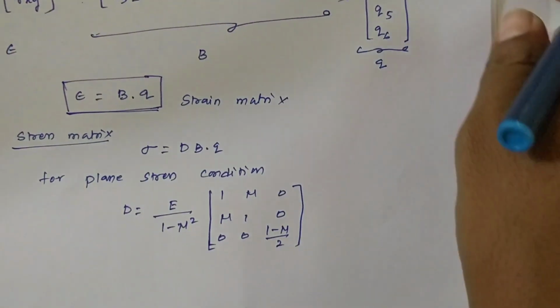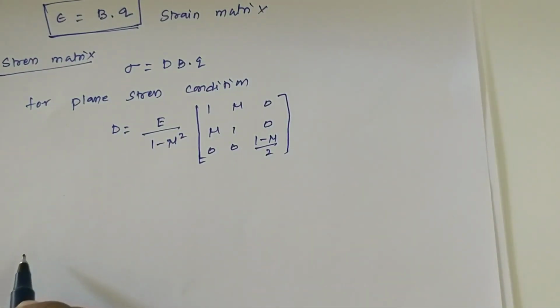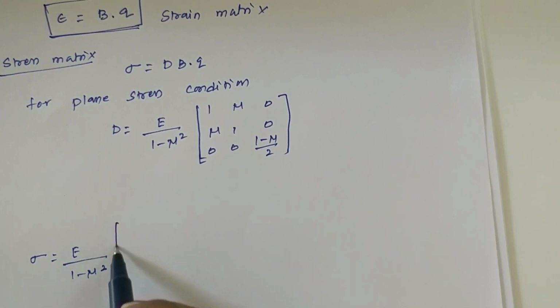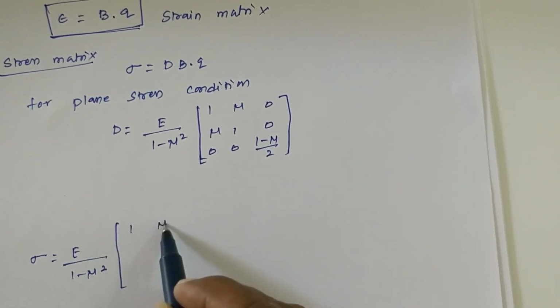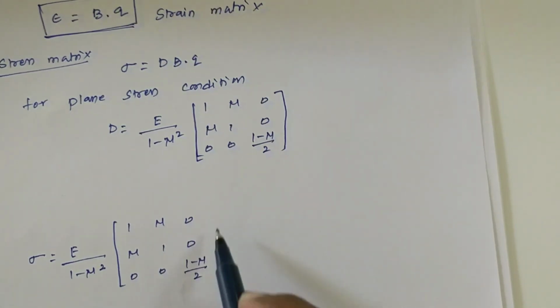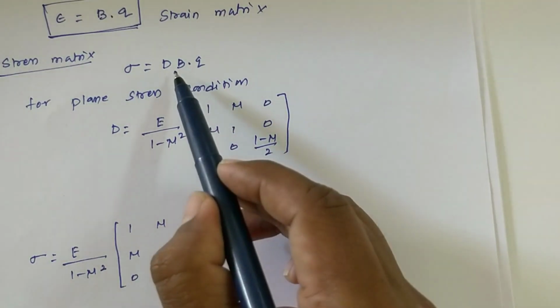So finally the stress matrix can be represented like this: sigma is equal to E divided by 1 minus mu square, 1 mu 0, mu 1 0, 0 0 1 minus mu divided by 2, into B matrix, B into Q.